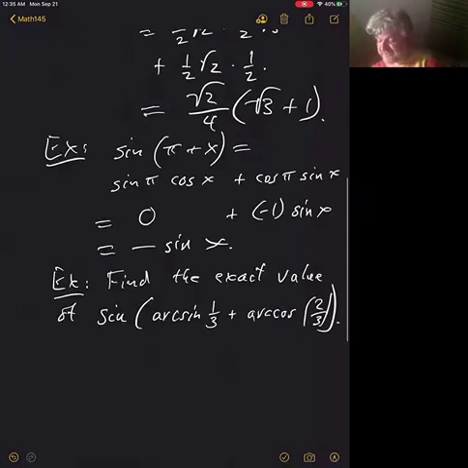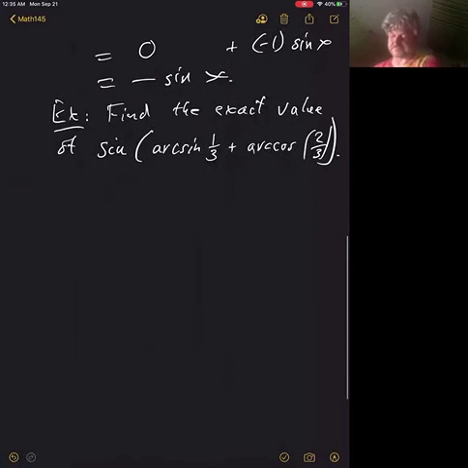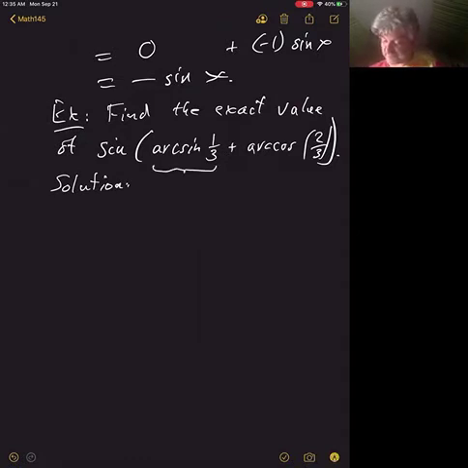Okay, what can we do? It's definitely worth introducing names for these quantities. Call that one U, call that one V, and we are ready to use the addition formula for the sine.